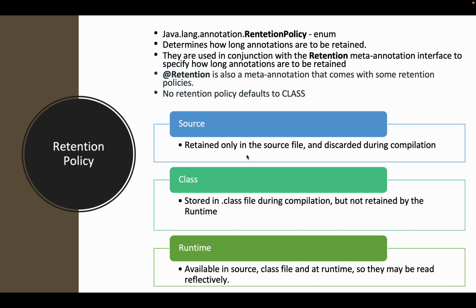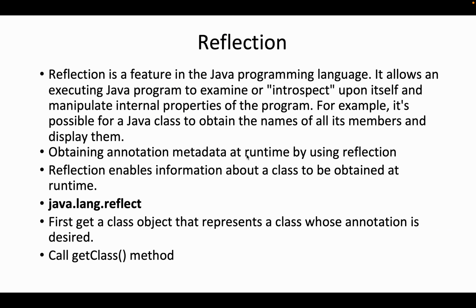Then we have the retention policy called runtime, which means an annotation is available in the source, in the class file, and also at runtime. This also implies that if it's available at runtime, it can be read reflectively using reflection. So what is reflection?